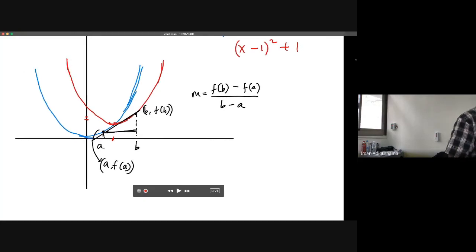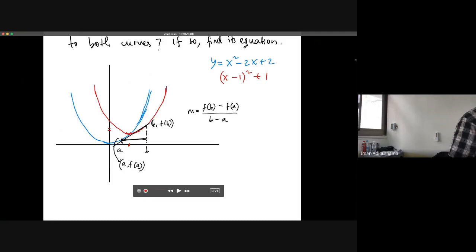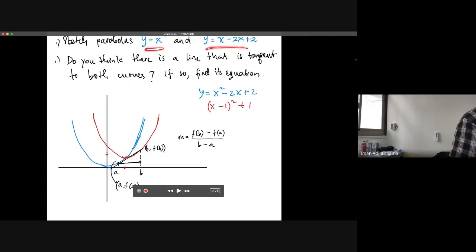And you can use the functions from this and this. This is for B. This is for A.